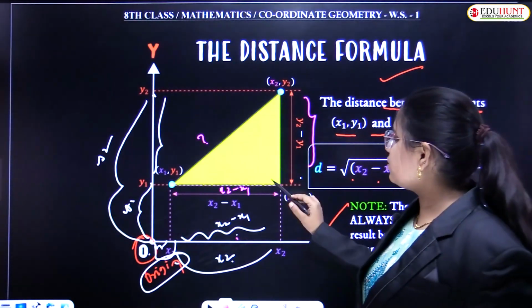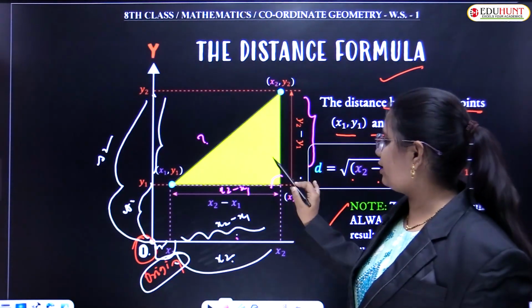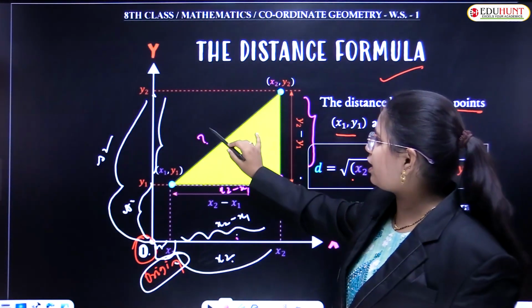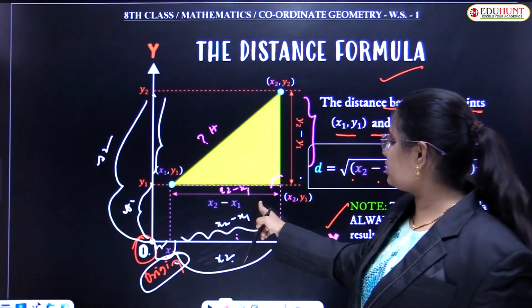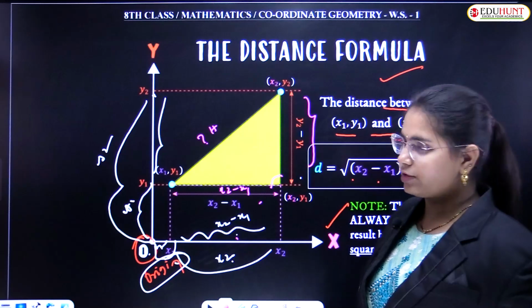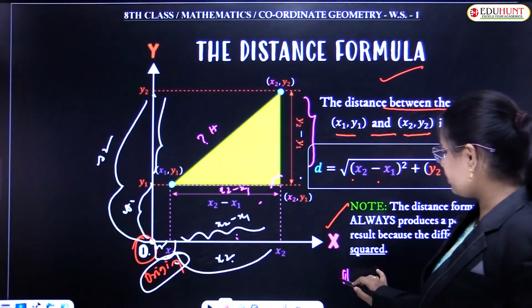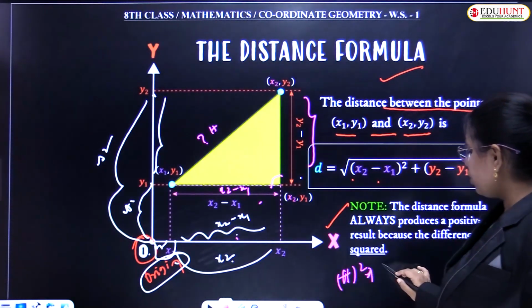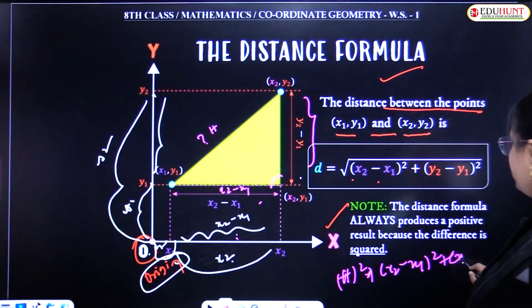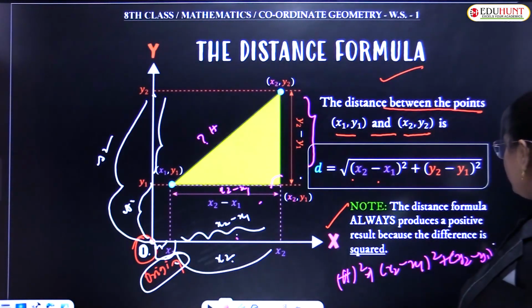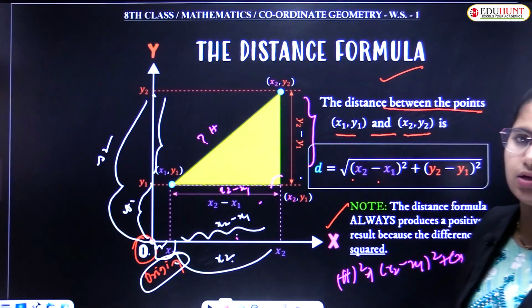Correct? And this is my 90 degrees. This is my hypotenuse side. Hypotenuse square is equal to opposite square plus adjacent square. So hypotenuse square is equal to opposite square, x2 minus x1 whole square, and adjacent square, y2 minus y1 whole square, by the Pythagoras theorem.